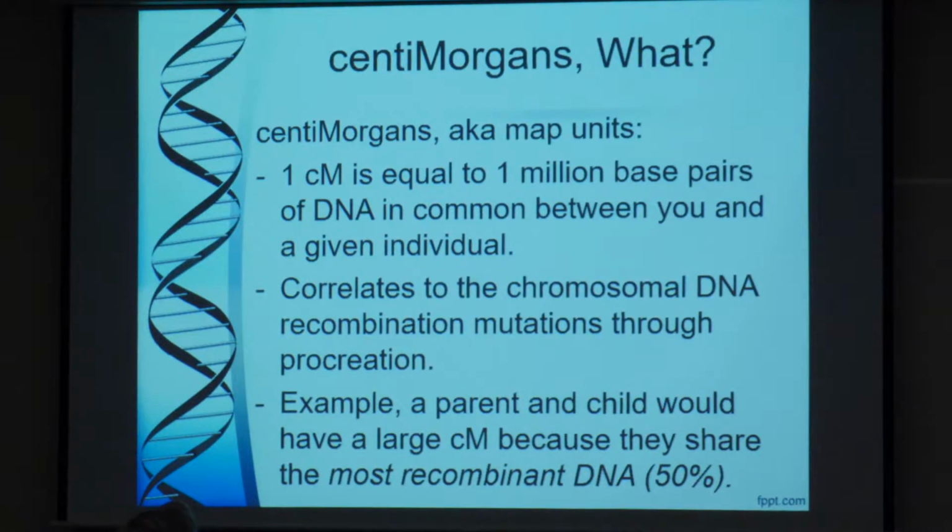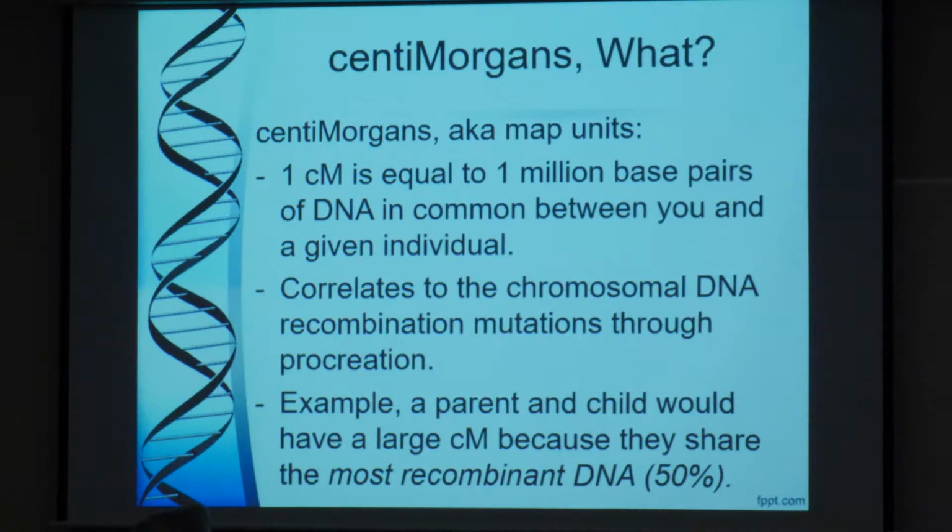And so what this basically means is a centimorgan is equal to 1 million base pairs in your DNA that you have in common between you and a given individual, okay? The idea behind a centimorgan is it correlates to chromosomal DNA recombination. When a person procreates, their chromosomes mix. That mixing is a type of mutation, a harmless type of mutation.